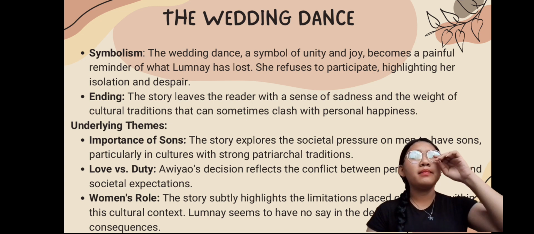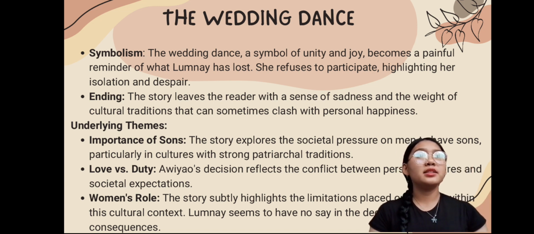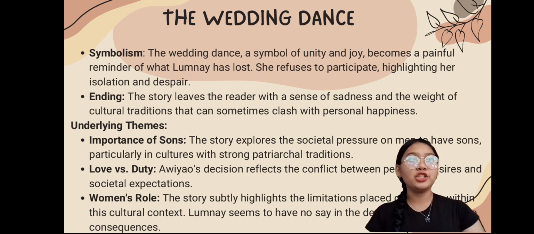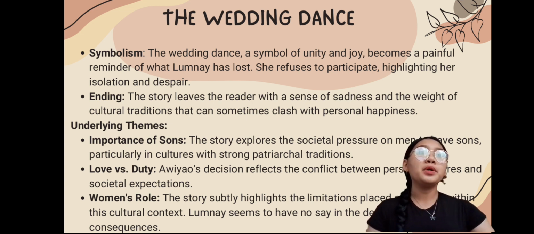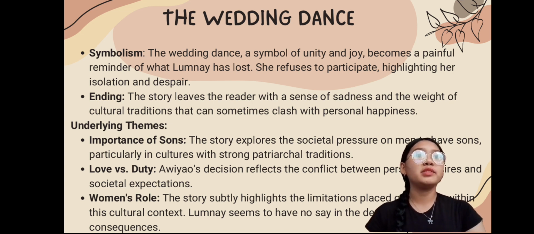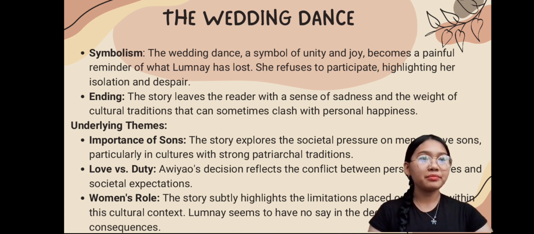So, the symbolism in the wedding dance: the ceremonial dance symbolizes the unity and joy within the community. But for Lumnay, it becomes a painful reminder of her loss and isolation. Her refusal to participate underscores her despair and rejection of societal norms.